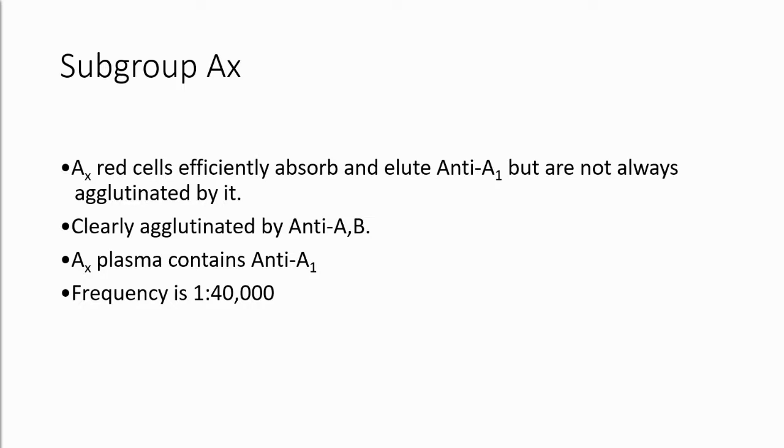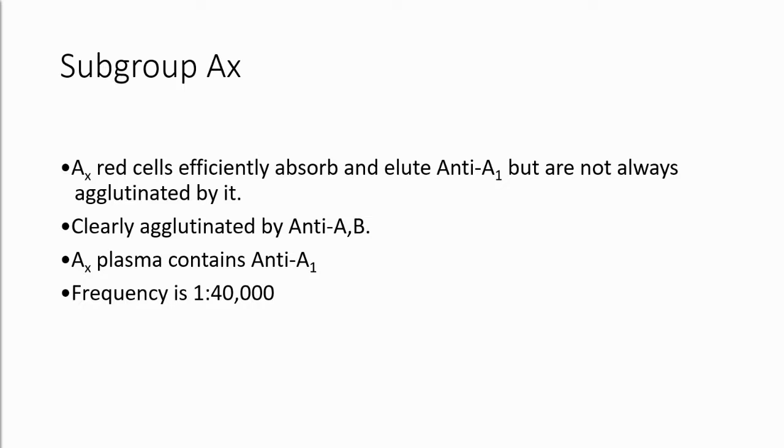However, anti-A1 antibodies will bind to A antigens on cells, so when an eluate is performed, that is, chemical breaking down of red cells to release the antigen, you would find anti-A1 antibody is bound to the red cells. Consequently, AX plasma contains anti-A1 antibodies.